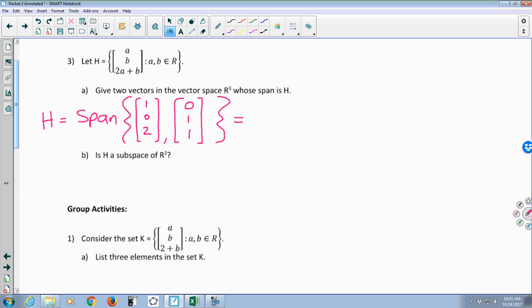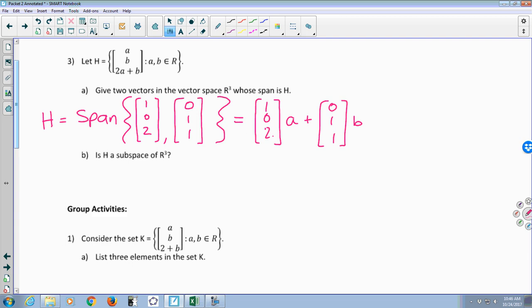So I'm going to write a little bit more here to explain how I got that. If I were to use my A's as parameters, remember parametric vector form. My A and my B are my scalars. And then I have my 1, 0, 2, and my 0, 1, 1.